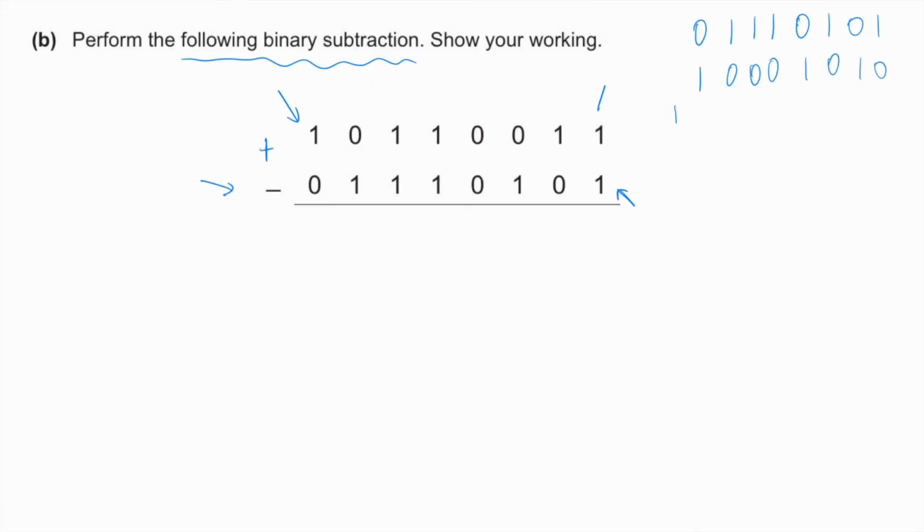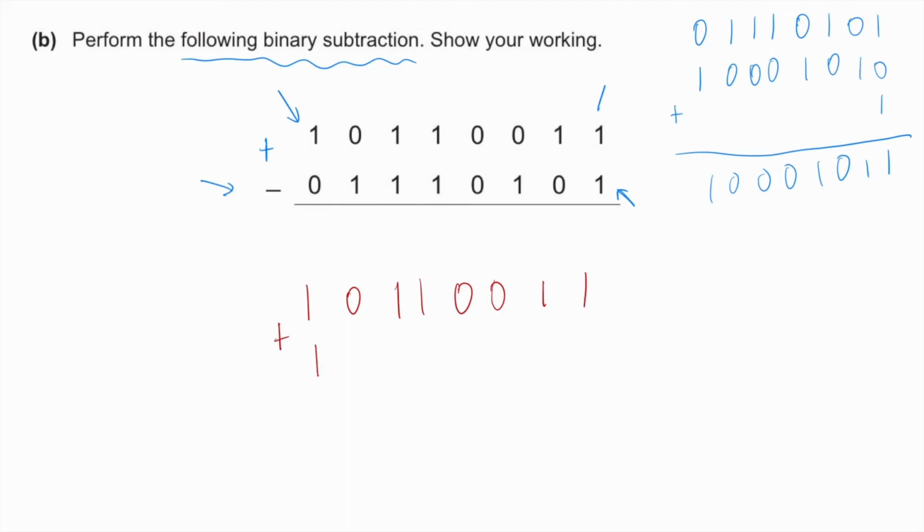And then we're going to add 1. So plus 1, we're going to end up with 1, 0, 0, 0, 1, 0, 1, 1. So now we can go ahead and do 1, 0, 1, 1, 0, 0, 1, 1, plus 1, 0, 0, 0, 1, 0, 1, 1.